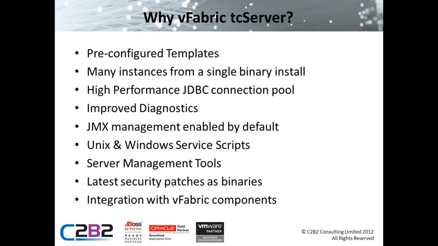These templates are user configurable, so you can change how you build your Tomcat configuration, roll that up into a template, and then reuse it to build 10 tcServer instances from the same template. We'll talk a little bit more about templates later.